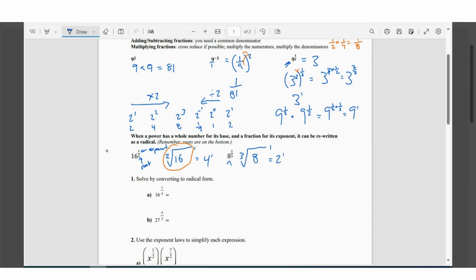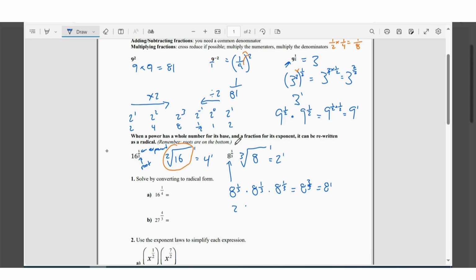And I want to point out, this is saying that if we had 8 to the third times 8 to the third times 8 to the third, then a third plus a third plus a third is 3/3, which is 8 to the 1. So if you had this, remember this is equal to 2, this is equal to 2, this is equal to 2, you'd also get 8.